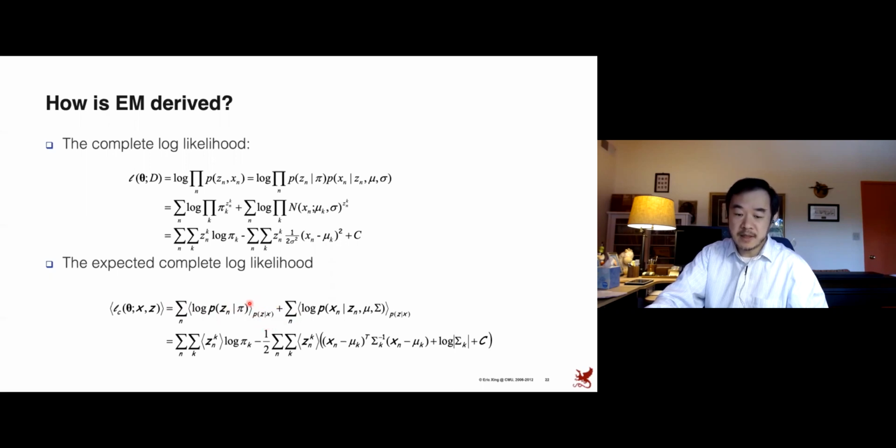If this is known, then this expected complete likelihood also factorizes, in a way very similar to the original complete likelihood, except that now the Z are replaced by an angular bracket of Z, which is the expectation of Z under some distribution.